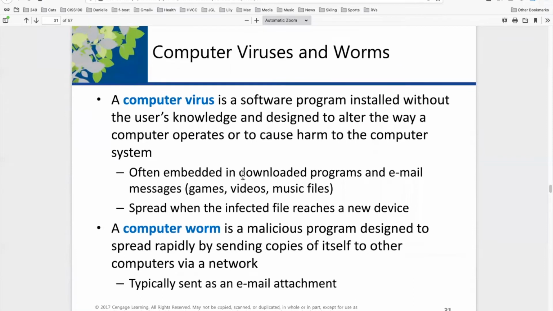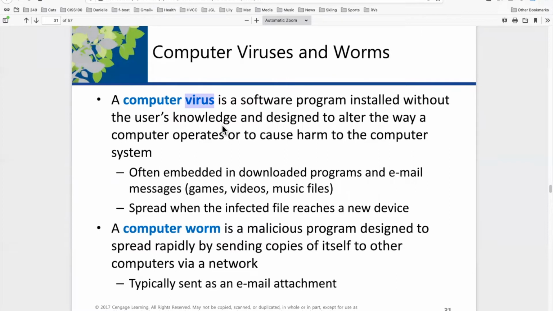Viruses and worms. Okay, so the textbook doesn't state this. Again, this is beyond the scope of this course, but it's actually the correct definition of a virus. Viruses attach to files, much like a biological virus. What does a biological virus do? It attaches to a cell. Computer viruses attach to files.